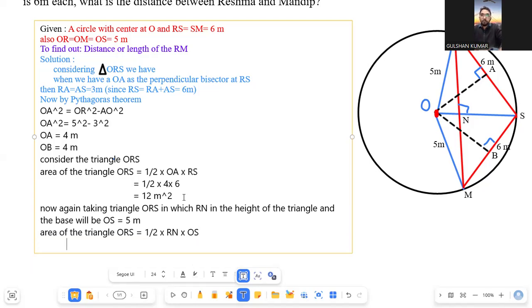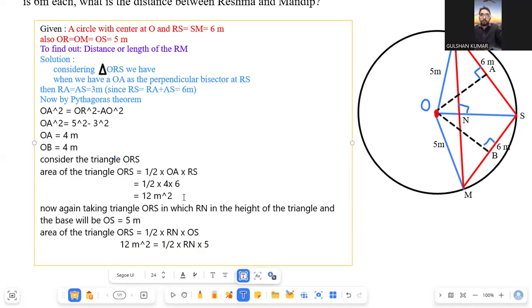Now area of triangle, that is 12 meter square, equals half of RN. We don't know what RN is here, so we put RN. And OS we know it is 5 meter.